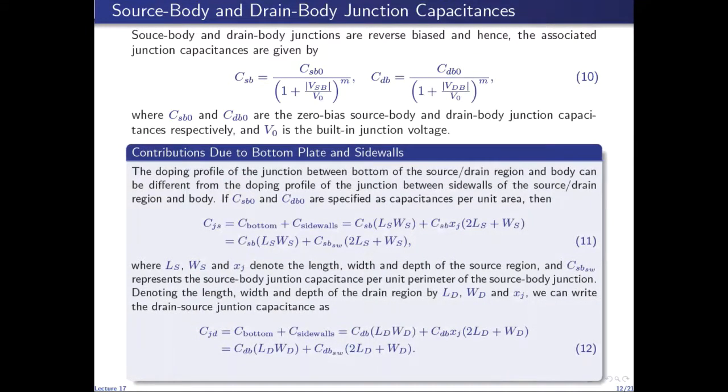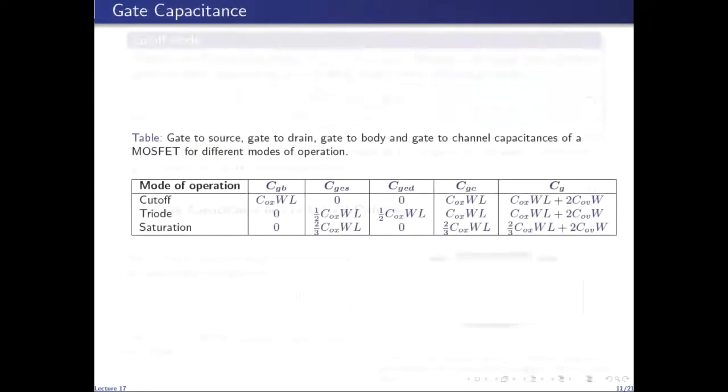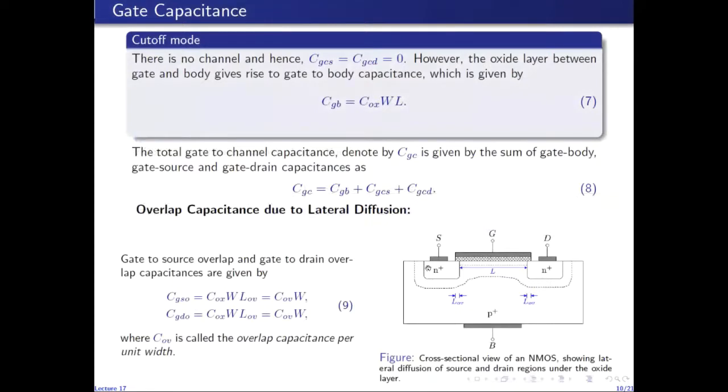There are actually 4 components contributing to the junction capacitance, both at the source to body junction and at the drain to body junction. If we look at this cross-sectional diagram and visualize the 3-dimensional view of this source region, the source region is immersed in the P-type substrate.